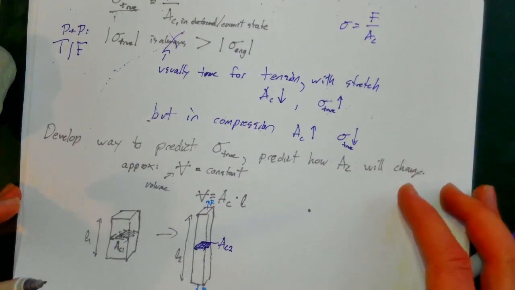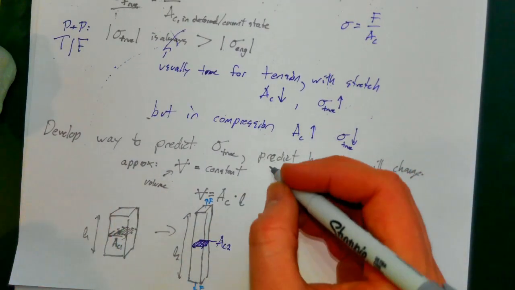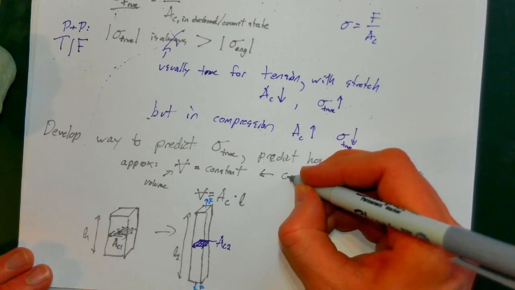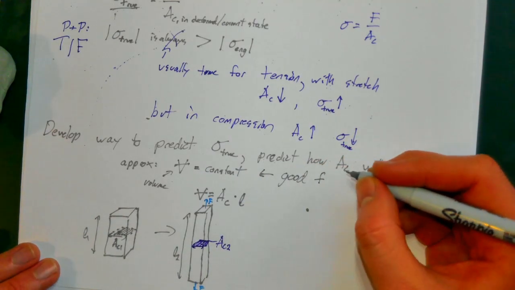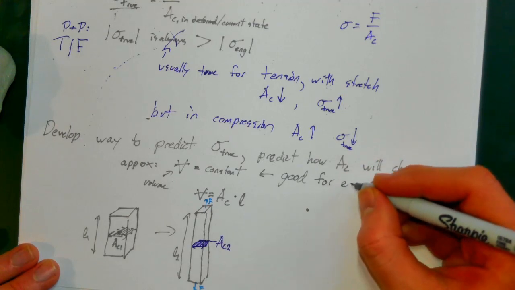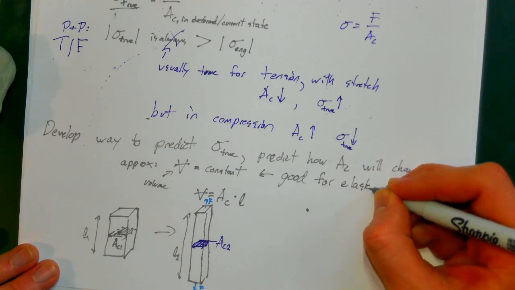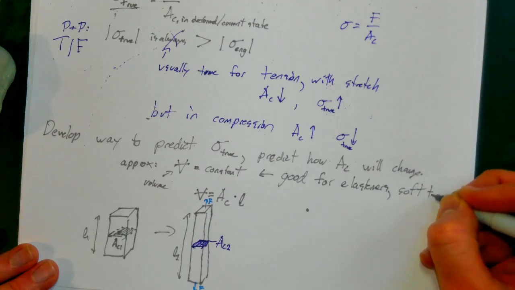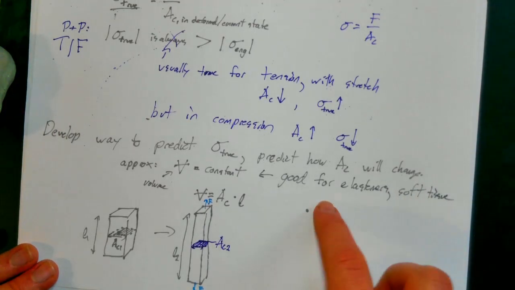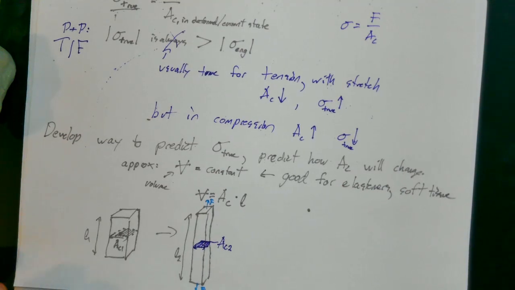It turns out this is a good assumption for elastomers, and it's not too bad for soft tissue. It's a good approximation for elastomers or soft tissue.